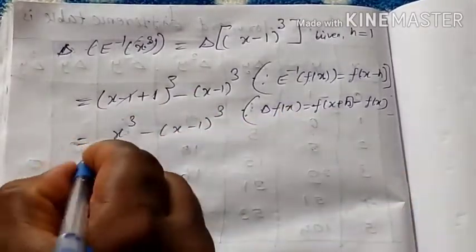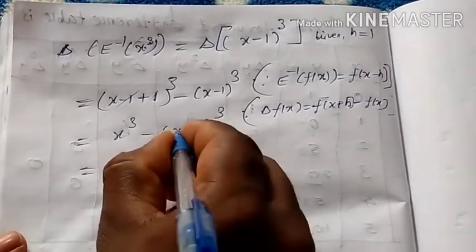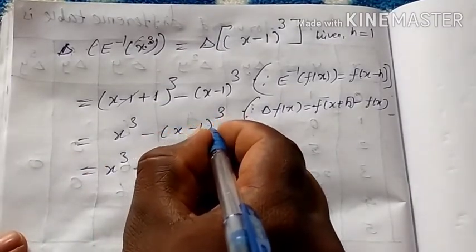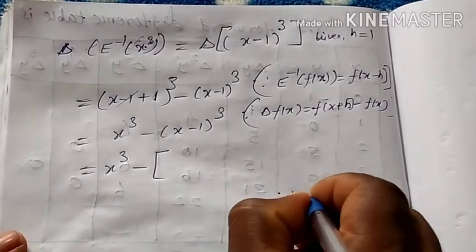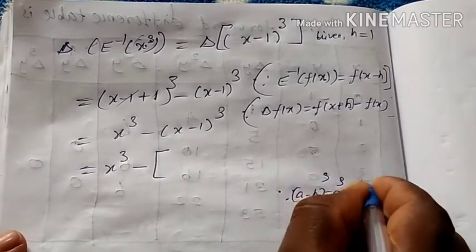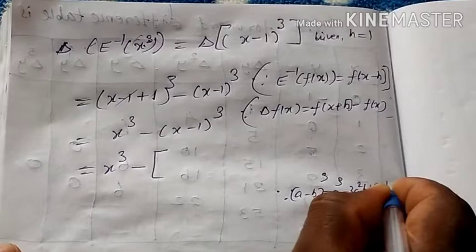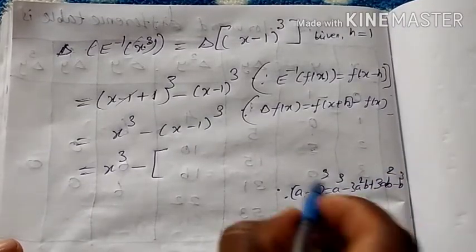Which is equal to x cube minus, this is a minus b the whole cube. What is the formula? The formula for a minus b the whole cube equals a cube minus 3a squared b plus 3ab square minus b cube. This is your formula. Apply here.